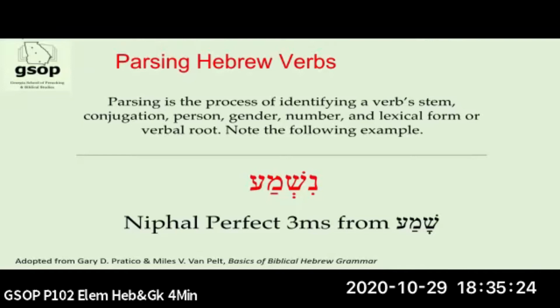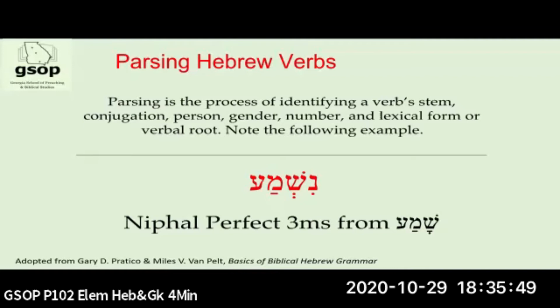So this would be considered a weak verb because it has a guttural in its lettering, and it happens to be a third position guttural. However, it's prefixed with the Nun and the Hiriq. That's going to tell me it's functioning as a Niphal. So that's its stem, Niphal. But its conjugation is perfect. It's third masculine singular.